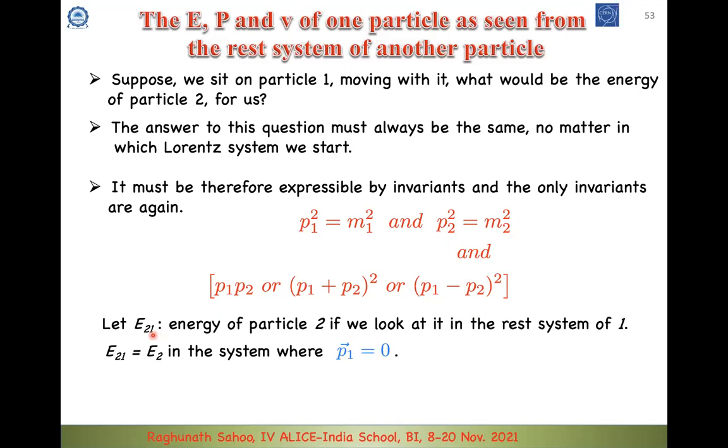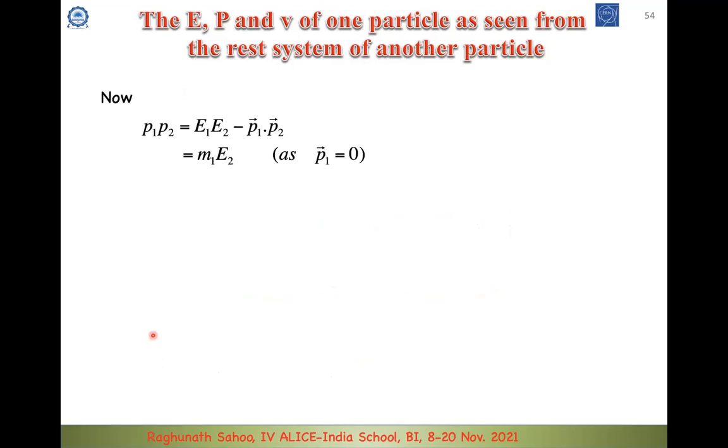Because I am sitting on that particle, the relative momentum looks to me like 0. So now let's write that E21 in an invariant form. My p1 p2 will be E1 E2 minus p1 dot p2, right? So this is essentially a scalar 4-vector product of p1 with p2.